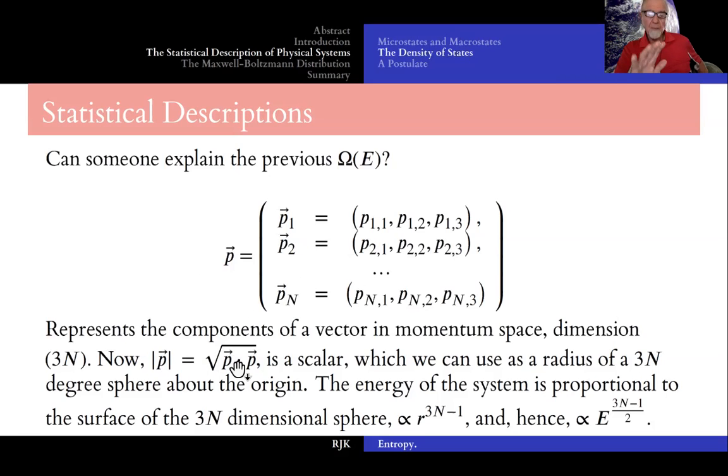So the point is that you're moving around in this 300 dimensional space on the surface of a sphere, and you don't know what particular collection of 300 numbers is making it. You only know that the radius of that sphere is a constant because the energy is the same. Got it, Bob? Not completely.